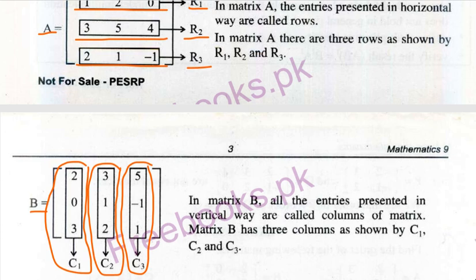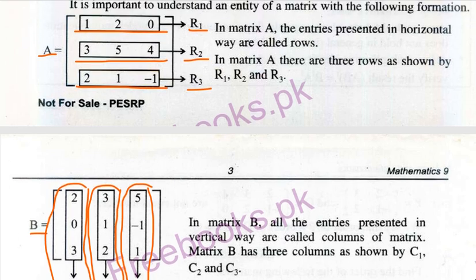There are 3 columns, and we represent these columns with capital C: the first column is C1, the second column is C2, and the third column is C3. So the entries presented in a horizontal way are rows, clear, and the entries presented in a vertical way are columns of a matrix.